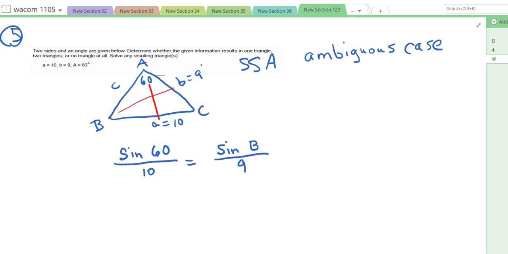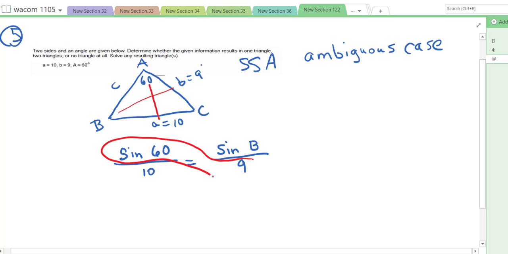Now, we'll do our cross multiplication. So we're going to go this way.